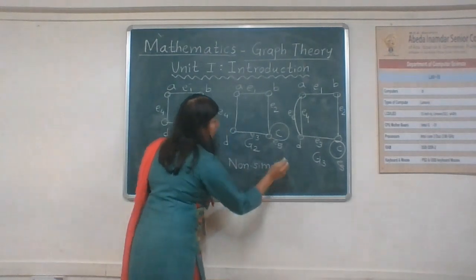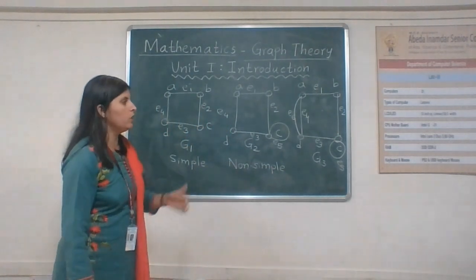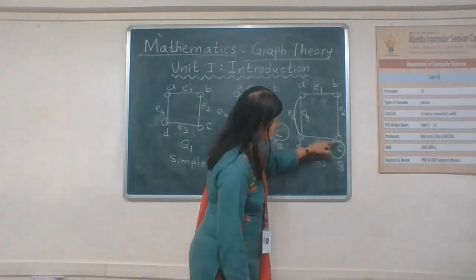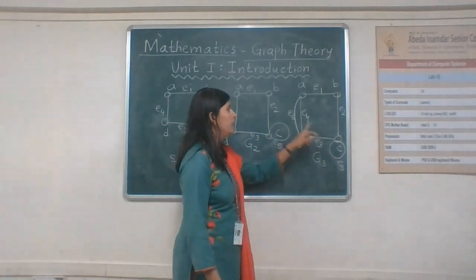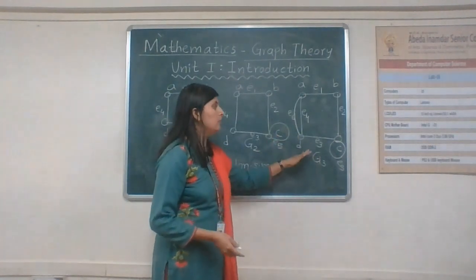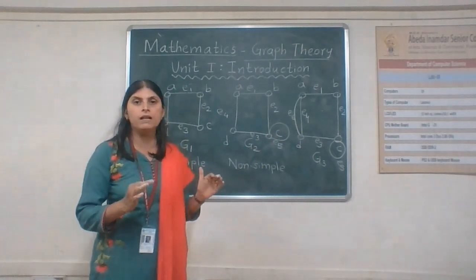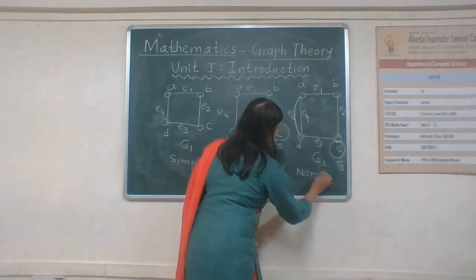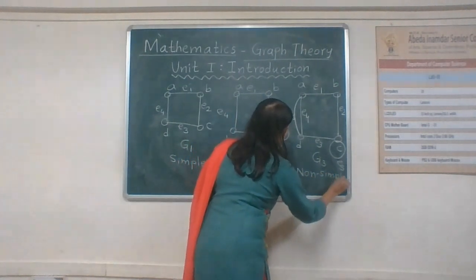That means it is a non-simple graph. Now what about G3? If you observe, G3 contains E5 as a self loop, and at the same time E4 and E6 as parallel edges. Means G3 contains both loops as well as parallel edges. So G3 is also a non-simple graph.